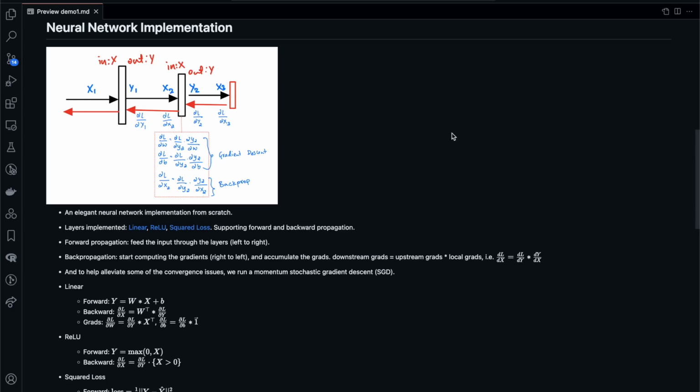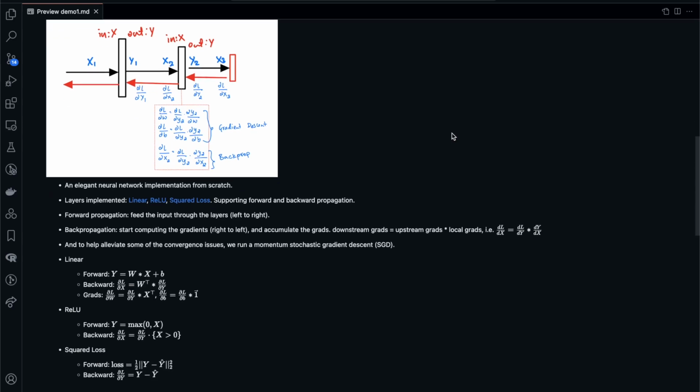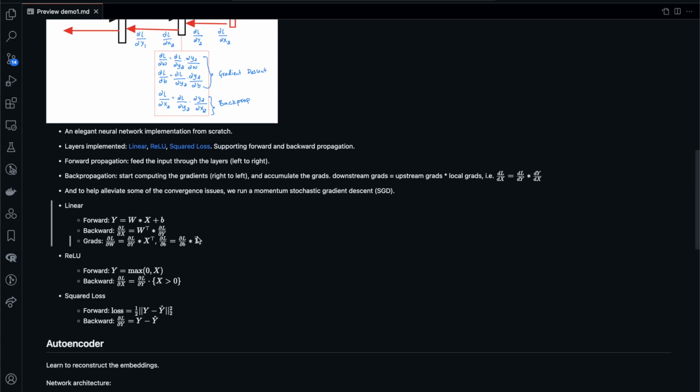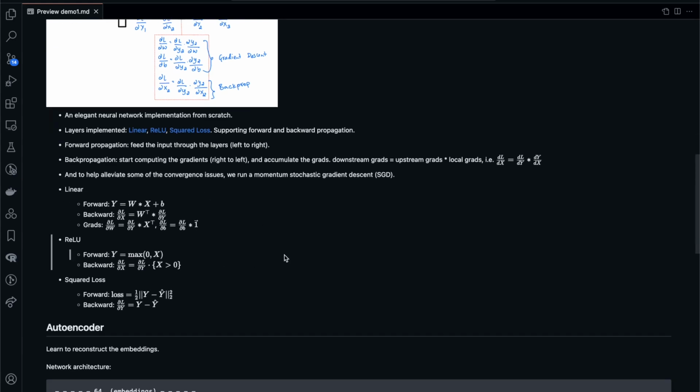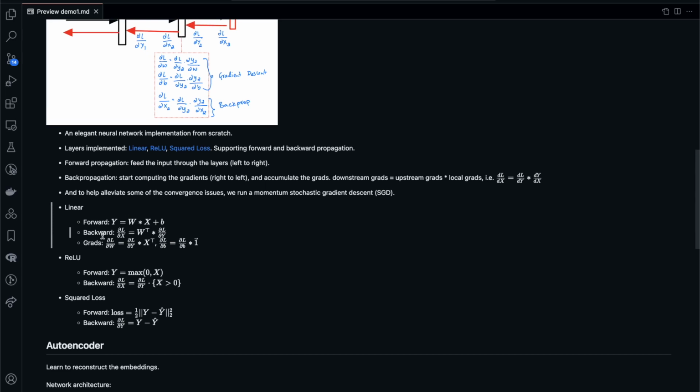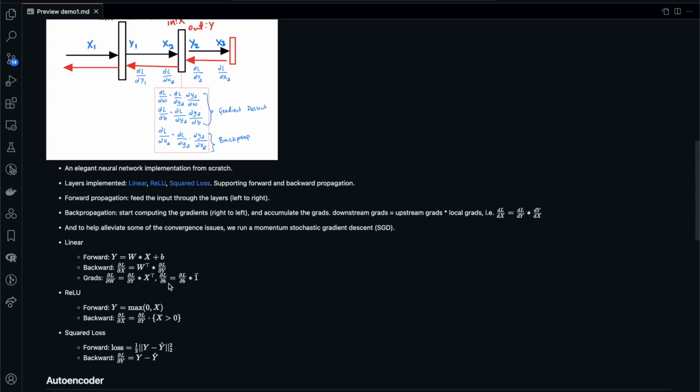And to help alleviate some of the convergence issues, we also run a momentum stochastic gradient descent algorithm. So here are the mathematical equations. The linear layer involves computing wx plus b, and the backward would be the derivative of the loss with respect to the input. And we also have the gradients for the weights.